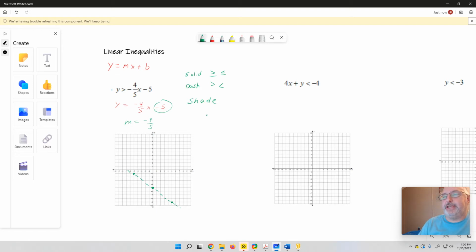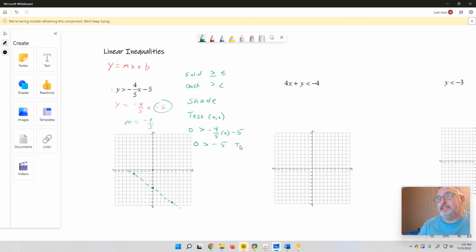So how do I test shading? I test a point. And typically, unless the line goes through the origin, we want to test 0, 0. If I test 0, 0, I plug this in, and then 0 is greater than negative 5, which is a true statement.